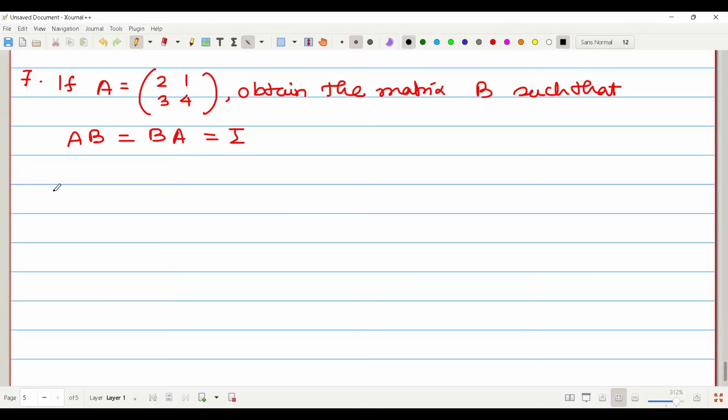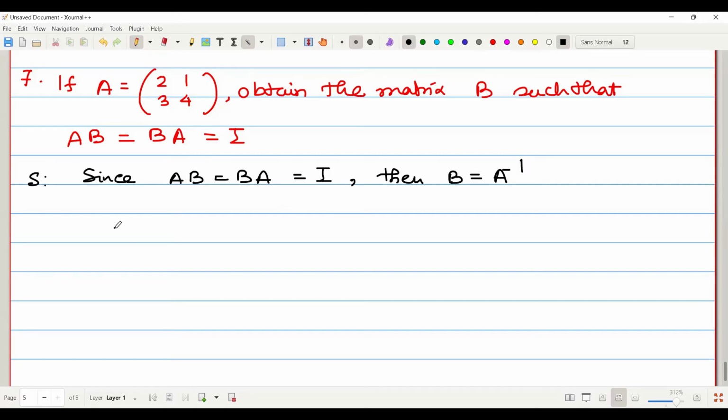Let's check. Since we have AB is equal to BA is equal to I, then B is equal to A inverse.